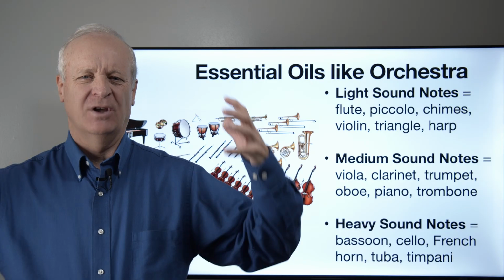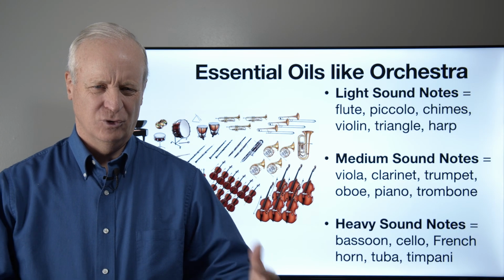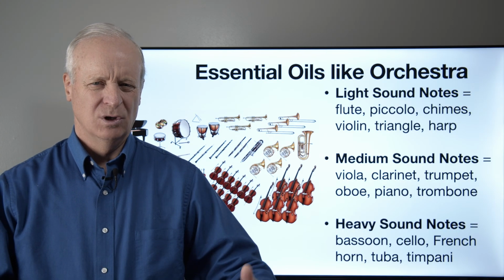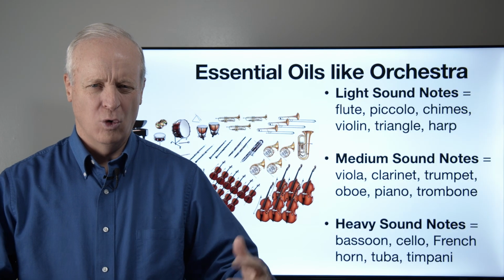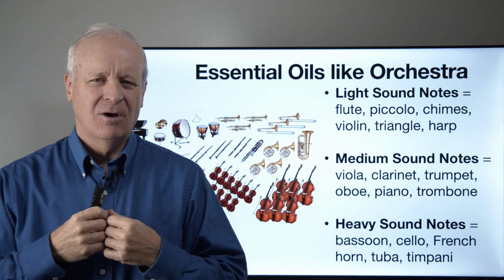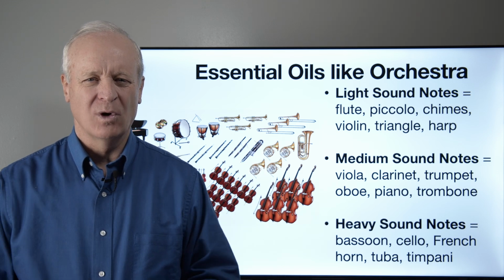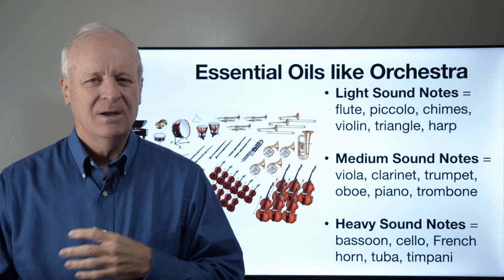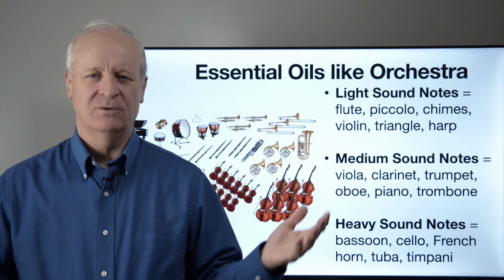Then finally, there's the heavy sounding instruments, the tuba, the bassoon, the French horn. And finally, you get to hear all these wonderful instruments played in one musical score. You can hear the heavy, medium, and light notes, and they make wonderful music.